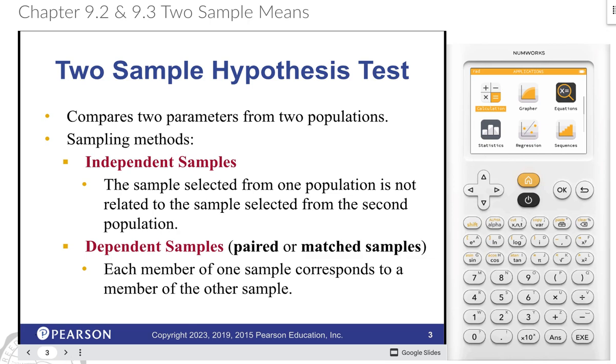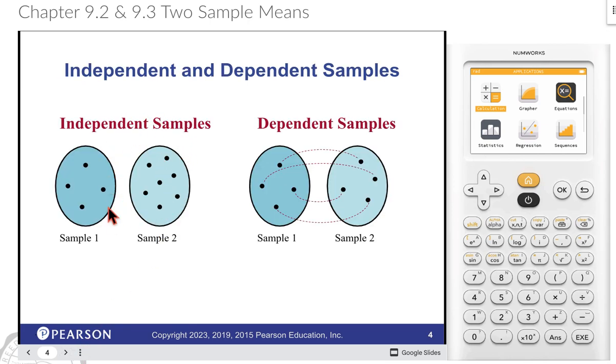And another way to take a look at this is that independent samples are not connected. They could actually have different sample sizes because, again, they're independent of each other. It's just a group taken from one population and a group from another population, different populations even.